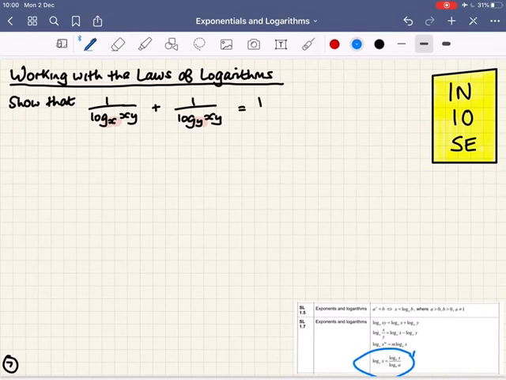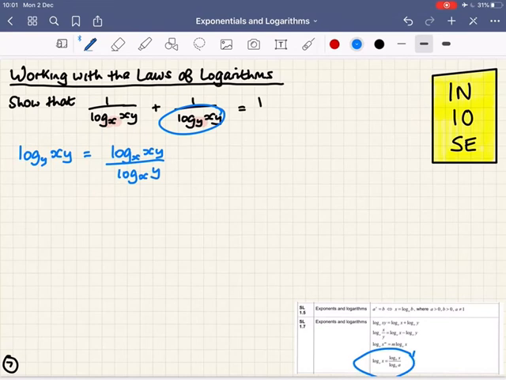So the first thing I'm going to do is take this second expression, log to base y of xy, and the change of base rule would tell me that's log to base x of xy over log to base x of y. Just using the formula down there at the bottom of the formula sheet.